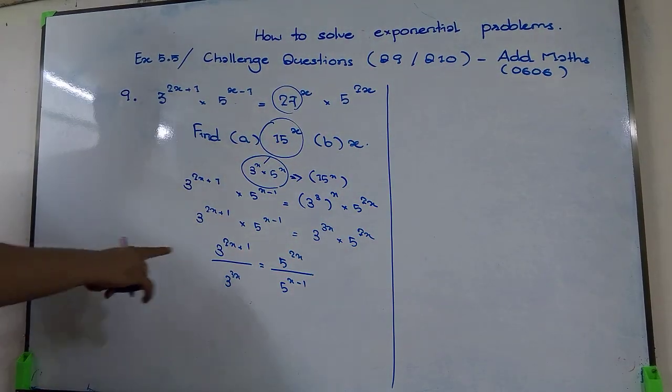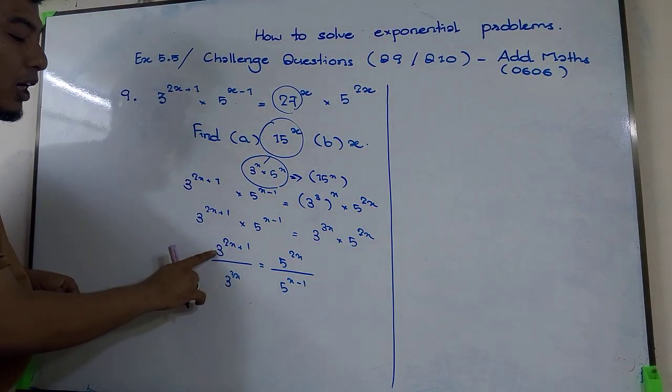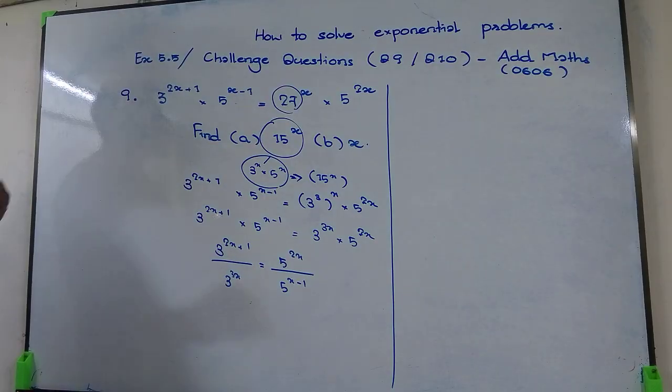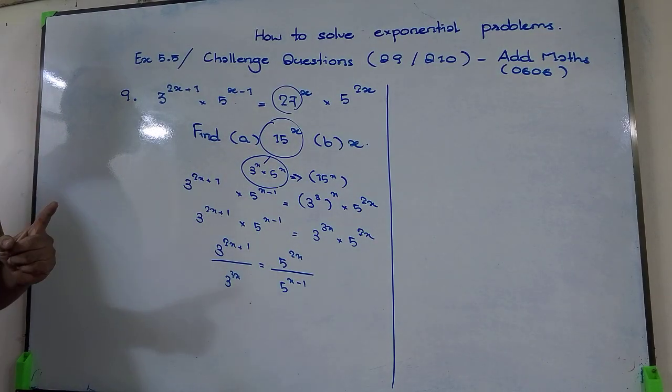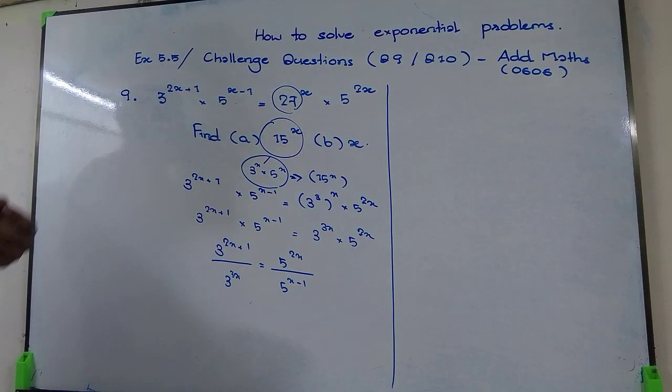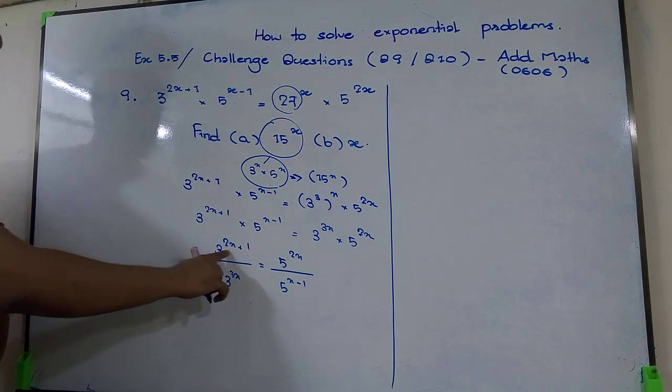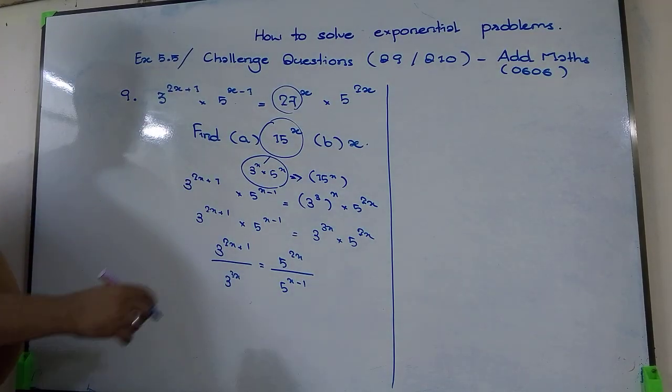For the next step, I have to separate the 3 to the power 2x plus 1. We already know that if the base is the same and the powers are multiplying, we can add the powers. We have to use that rule to separate this one back into multiplication form.